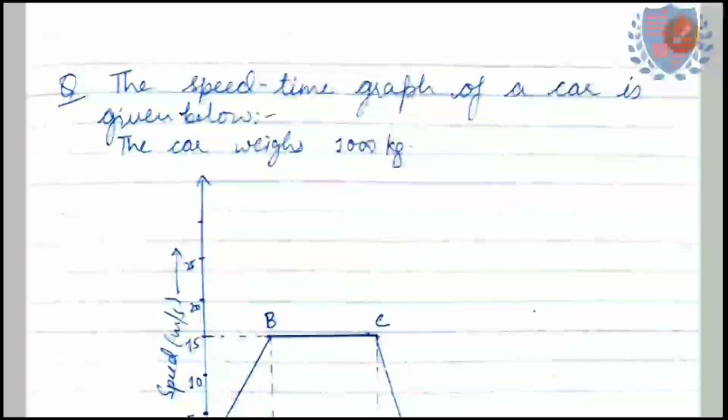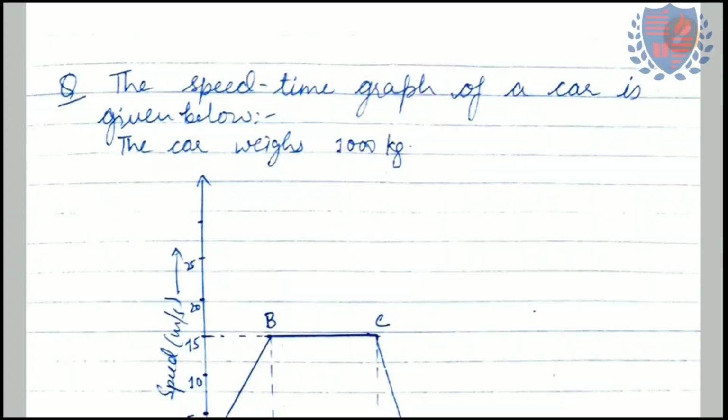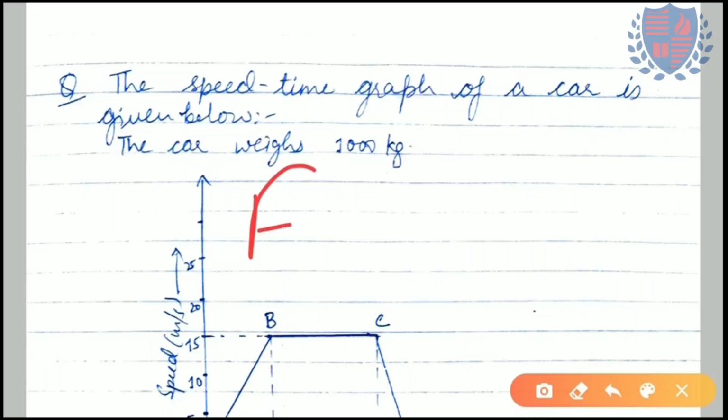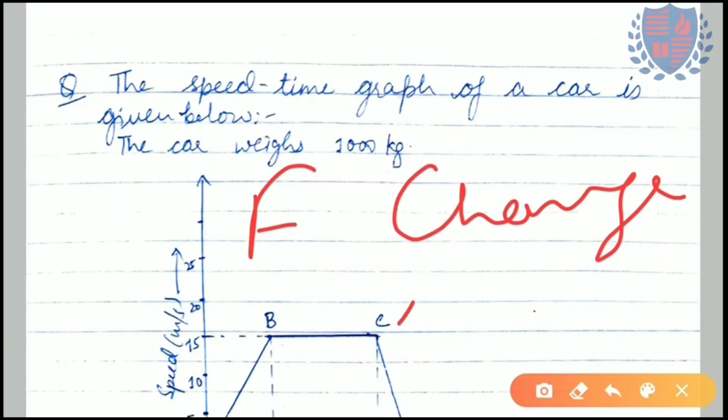Students, so far we have studied Newton's second law of motion, according to which the rate of change of momentum of a body is directly proportional to the applied force and takes place in the direction in which the force acts. Or we can say that we have studied the relation between force and change in momentum upon time taken.